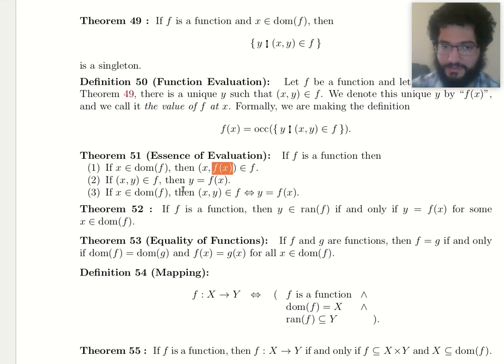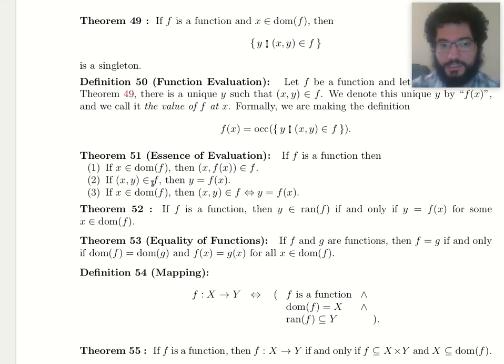So part 2 is another way of stating that uniqueness: if you had x, y in there, then y is f of x. So this is like a statement of the defining property of f of x, and part 2 here is like a statement of uniqueness of f of x with respect to that property.